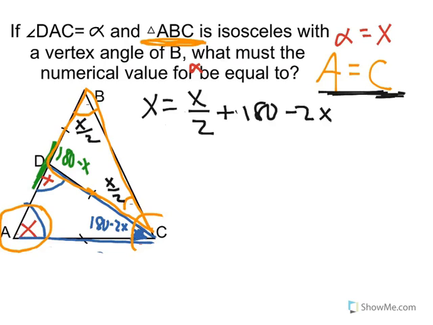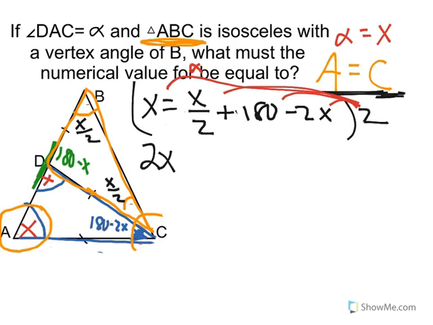So now this is our equation that we want to solve. To begin to solve this, I'm going to multiply everything by 2 to clear my fraction. Every single part, so here to here to here and over to here, multiplied by 2. So we have 2x. x over 2 times 2 is just going to be x, plus 360 minus 4x.